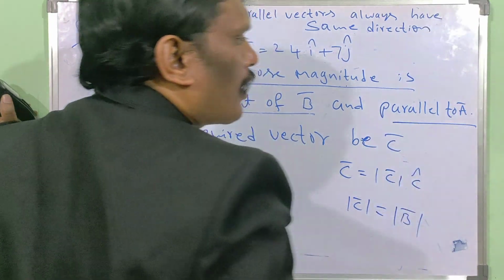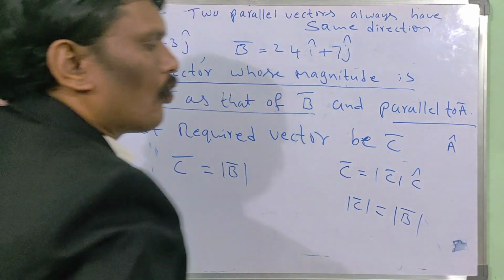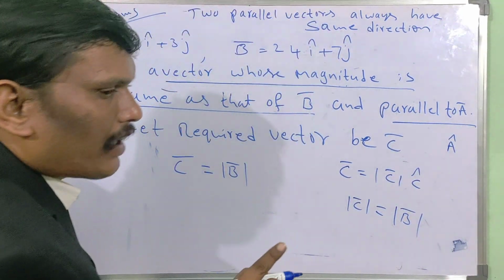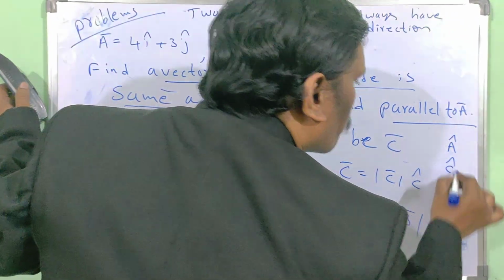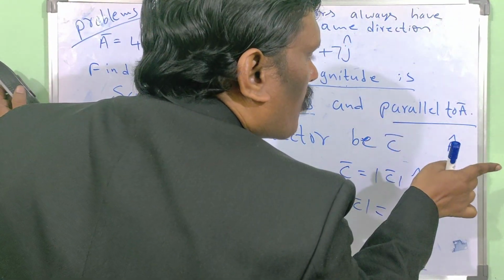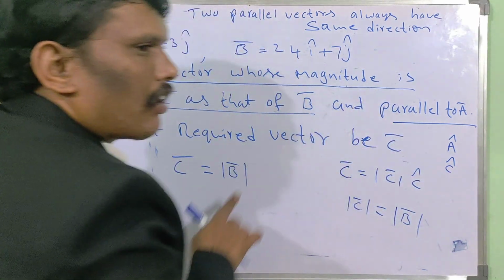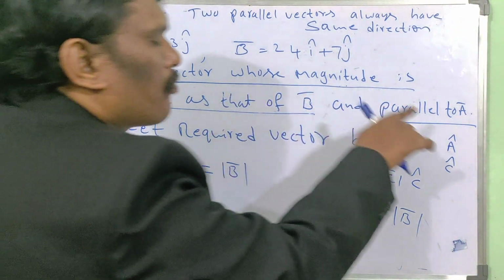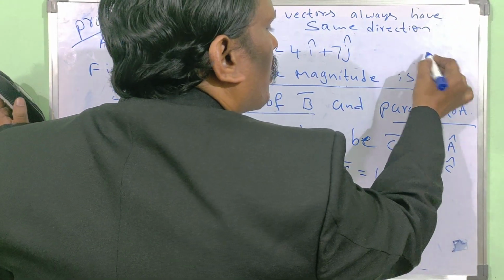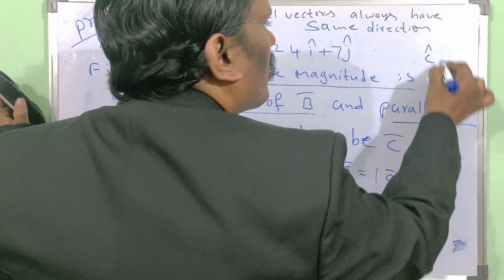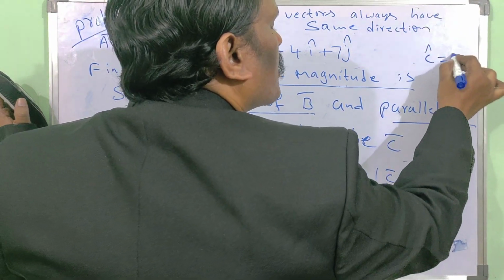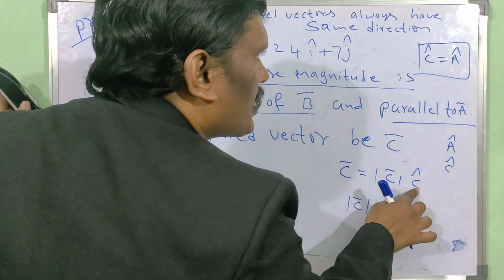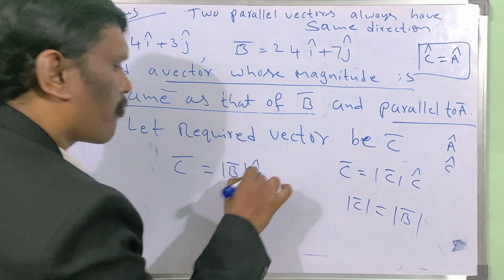What is the direction of A bar? Direction of A bar is A cap. Then what is the direction of C bar vector? C cap. The required vector parallel to A bar vector, both mean the same. So the required vector direction and A vector direction should be the same. That's why in place of C cap, I am going to write A cap.